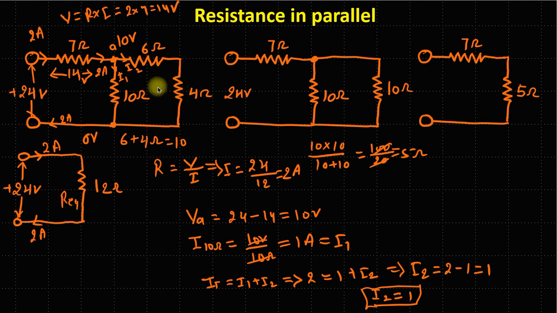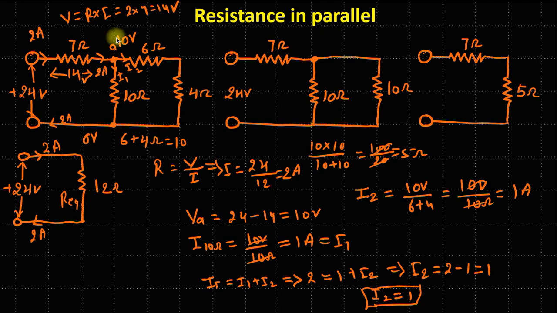So you can calculate by Ohm's law: the voltage across the branch is 10 volt and the resistance of the branch is 6 plus 4, so 10 volt divided by 10 ohm equal to 1 ampere. You can also calculate like this.